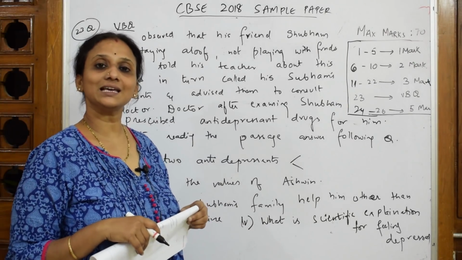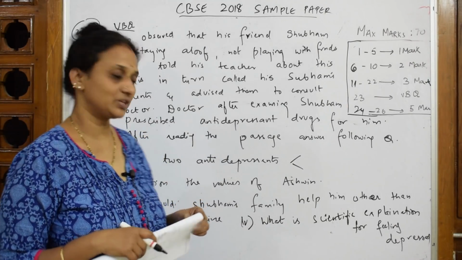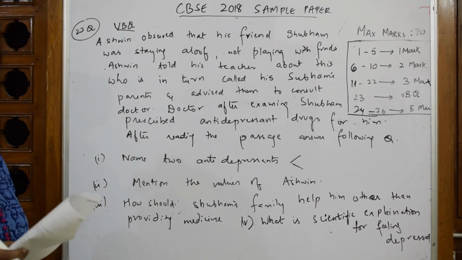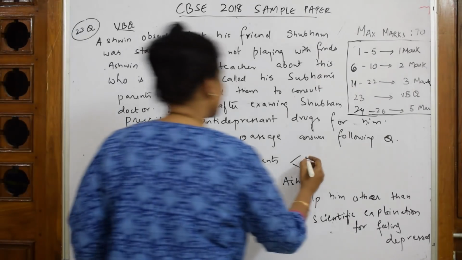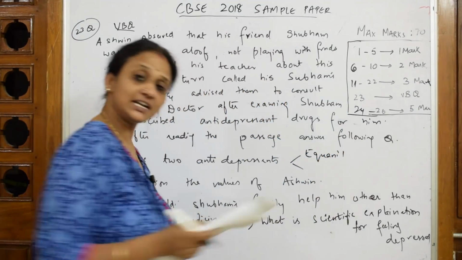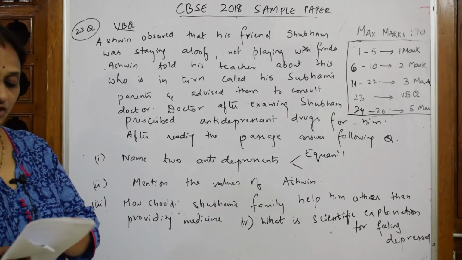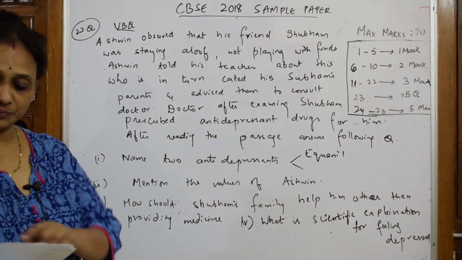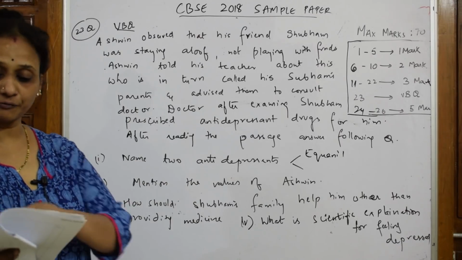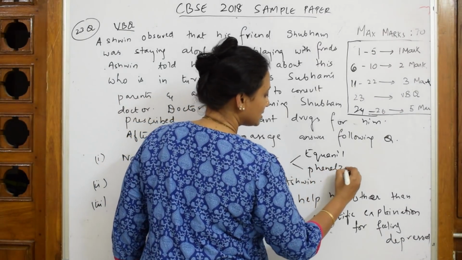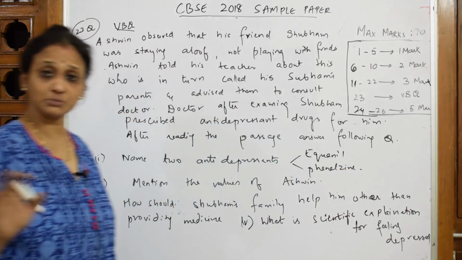You'll be asked the examples of each category. So name 2 antidepressants. If I have to write, Equanil is the best antidepressant. And the second antidepressant, because they've asked for 2, you can write phenelzine. Both are antidepressants. Remember this and go.